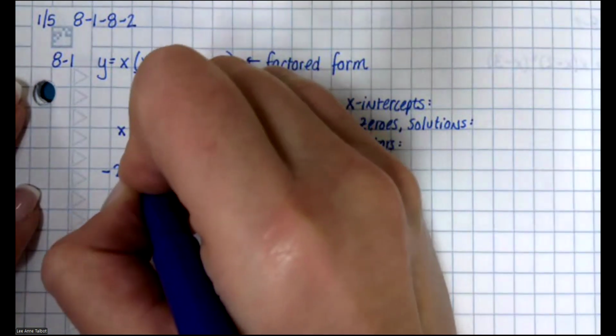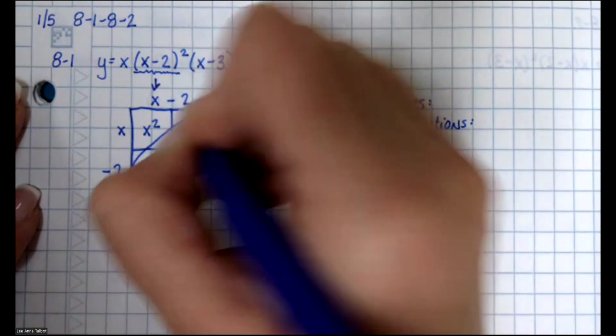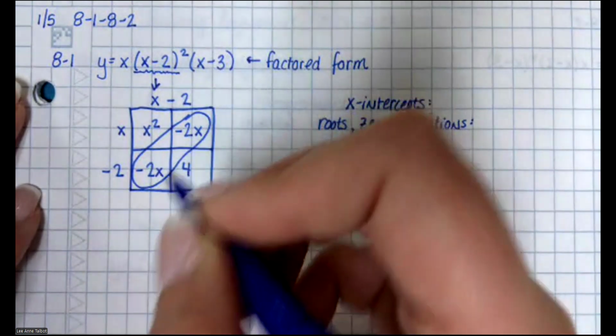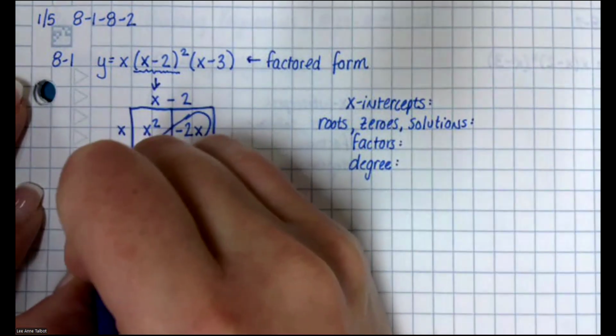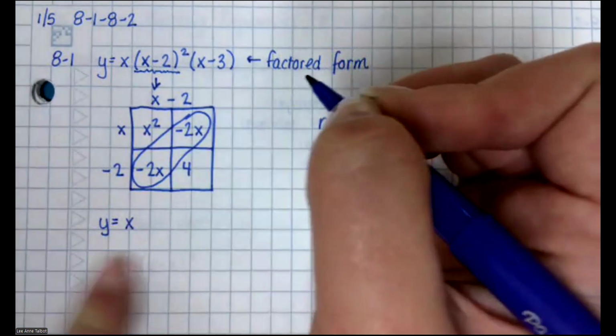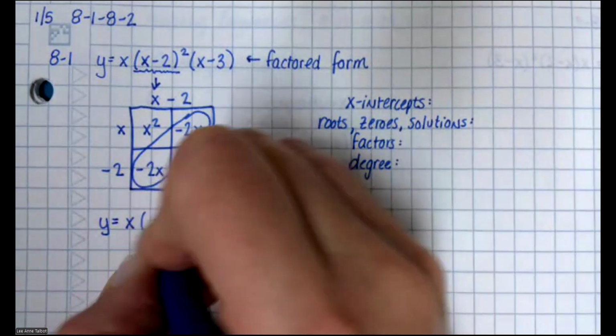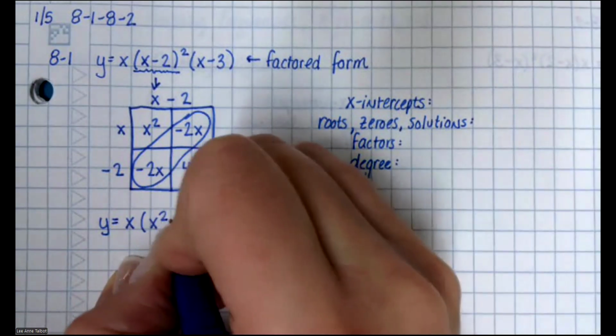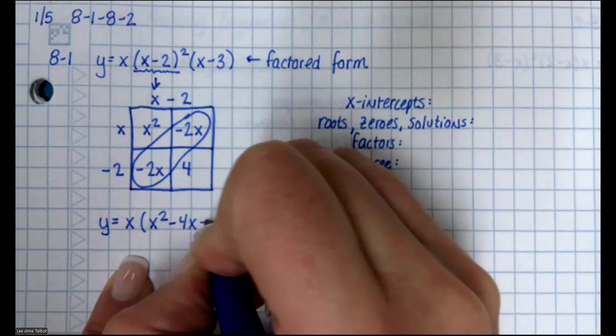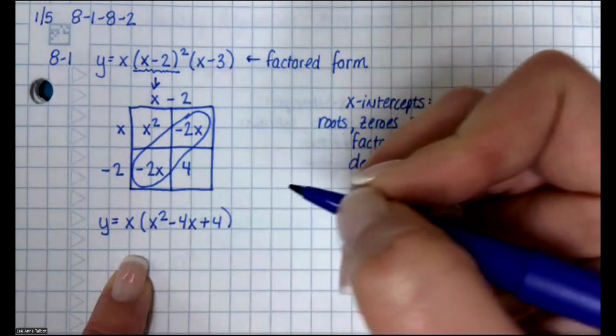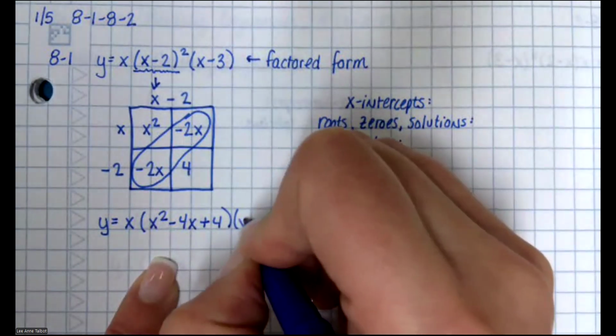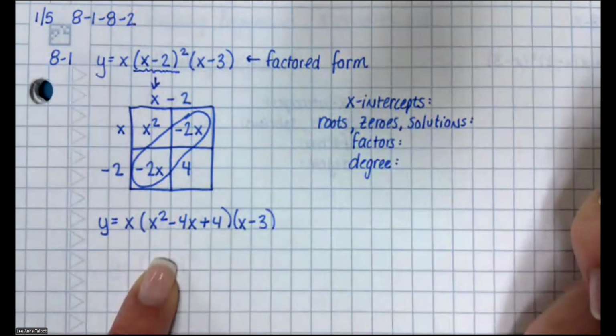Okay, now I'm going to combine like terms when I rewrite it. So this part will be combined. So now I have y equals x. And then this bit with my squiggly underline has turned into x squared minus 4x plus 4. And then I have x minus 3 still on the end.